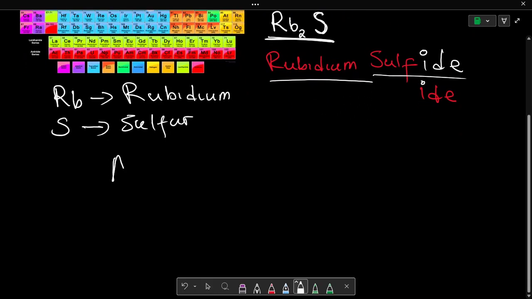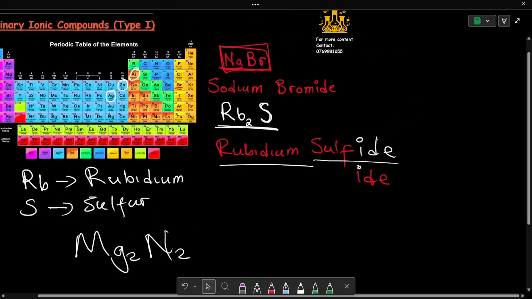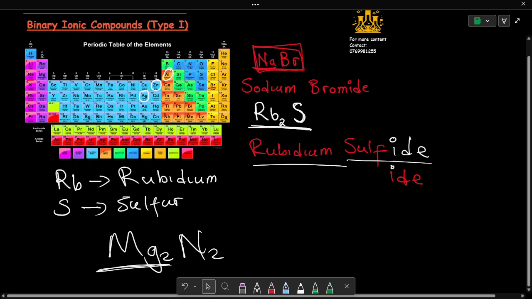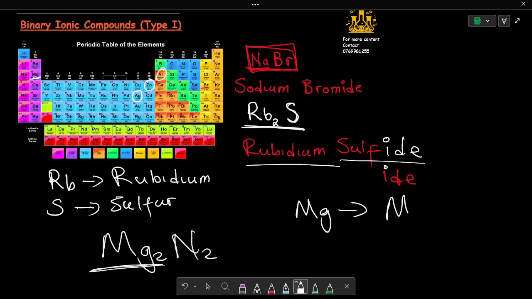Okay, let's look at another example. What if you had Mg2N2? Okay, so you find Mg first on the periodic table. Mg is coming from group 2, and it is magnesium.